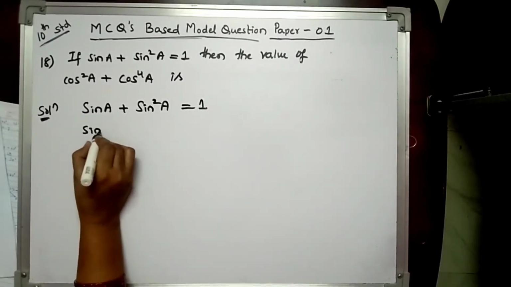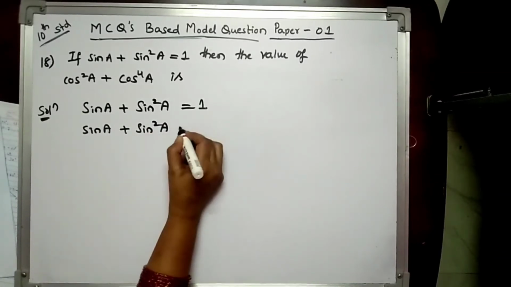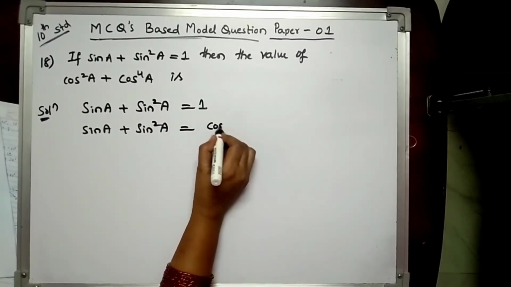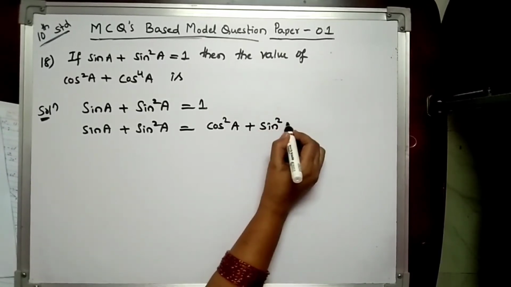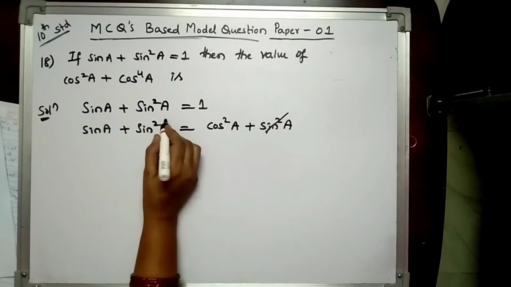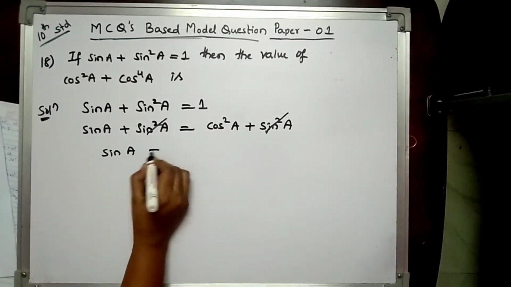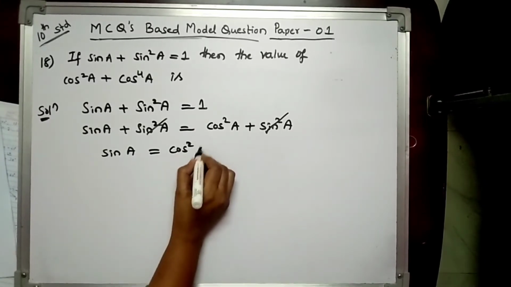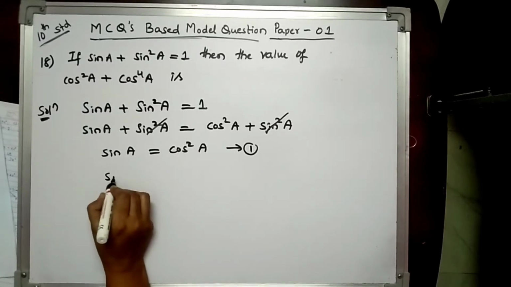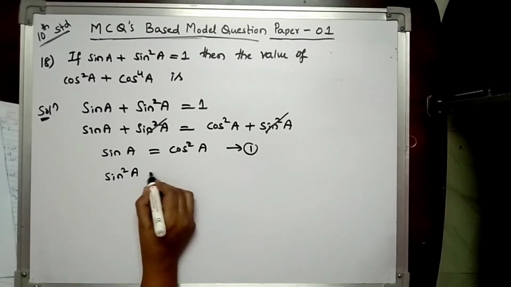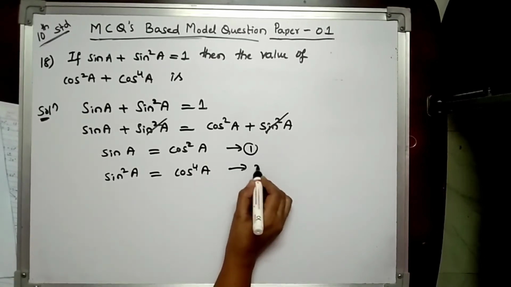So 1 can be written as cos square A plus sin square A. So here this sin square and this sin square cancel. Sin A is equal to cos square A. It is equation 1. Now you square it. Sin square A gives you cos to the power 4A. It is equation 2.